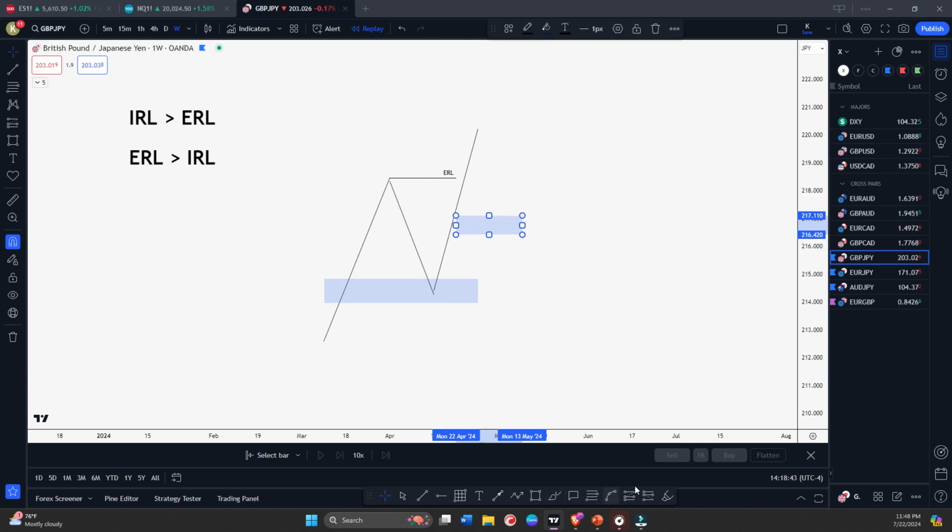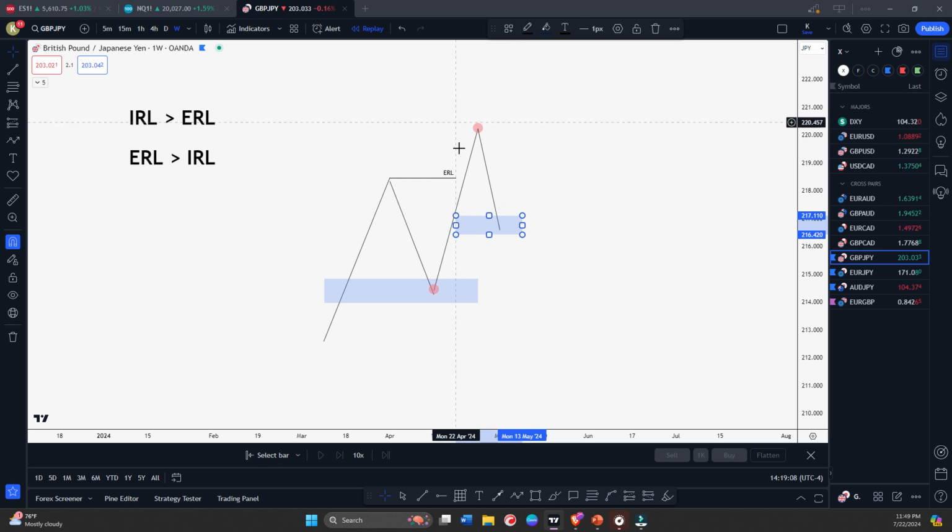If you have any fair value gap from this low to this high, and in this leg we have grabbed this external, and in this leg if you have any fair value gap, so you can target external to internal. So this is going to be a reversal setup, right? Because you are trading against the trend. So you're looking for an external to internal move.